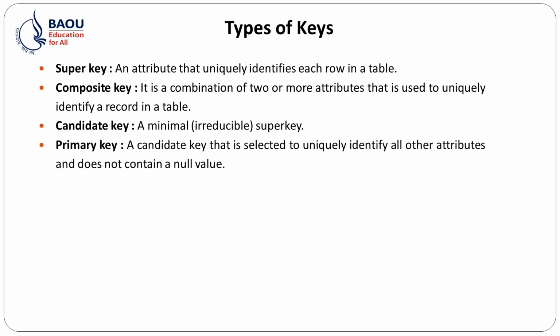Now the next one is the primary key. A primary key is selected from the candidate keys to uniquely identify all other attributes, and it does not contain a null value. For example, roll number is used to uniquely identify the records in the table and does not contain a null value. So it is called the primary key.